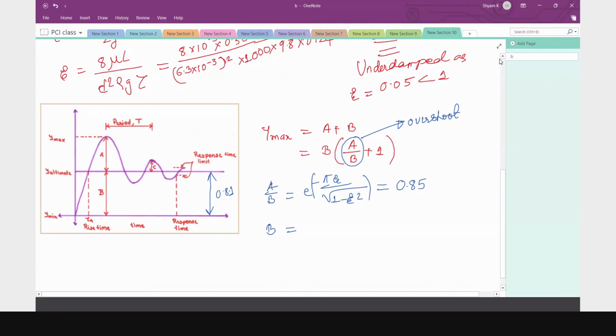Sorry, I have written 81. It should be 0.8. This is 0.8. Substitute these values over here. And what will be the y max you will get? Tell me.